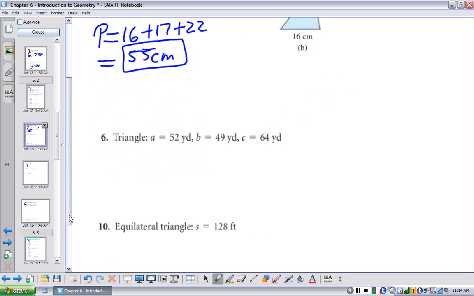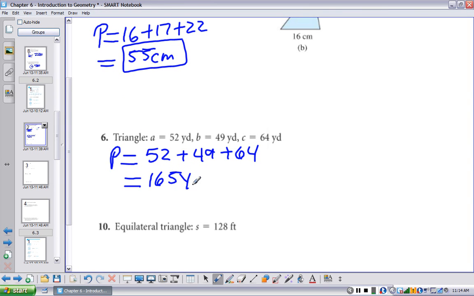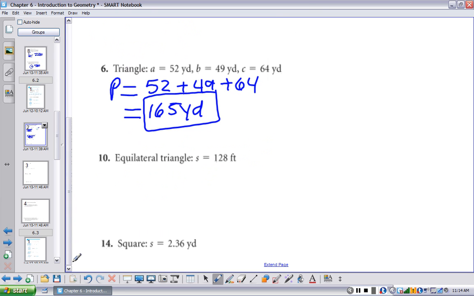Number 6, a triangle has sides 52 yards, 49 yards, and 64 yards. When we add all those together, we get 165 yards. Number 10, an equilateral triangle. Remember, an equilateral triangle, all sides are equal. You have 3 sides. So it is 3 times 128, which is 384 feet.